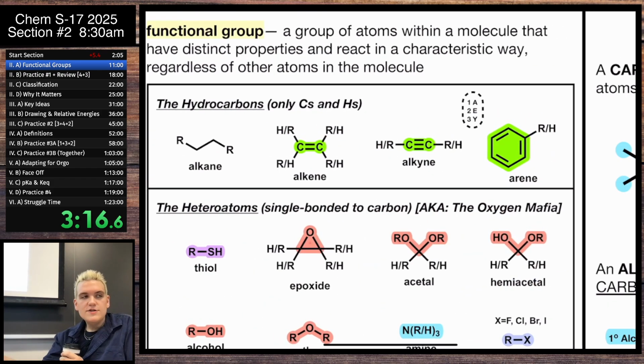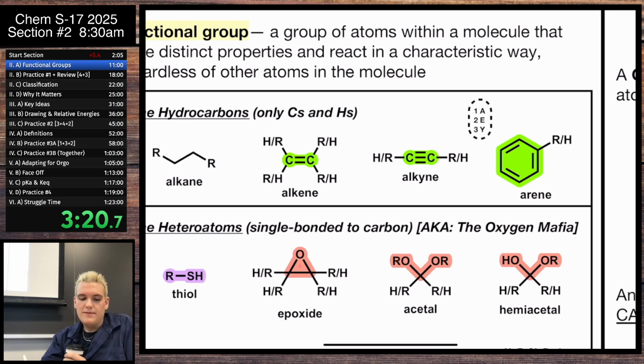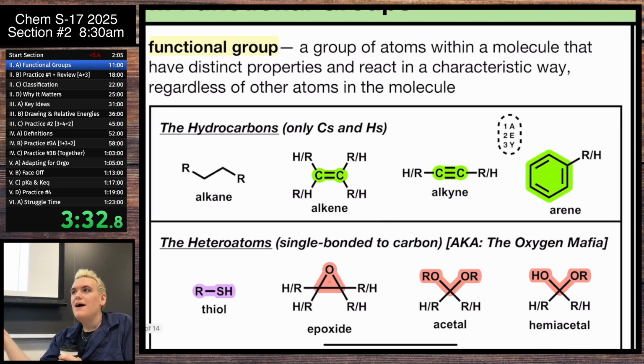I tried to group them into little families to make them easier to learn. Let's talk about this first family, the hydrocarbons. These are functional groups that only have C's and H's. We're going to start off with an alkane. I have this under the functional group section, but alkanes are kind of the absence of a functional group. They are just carbons and hydrogens.